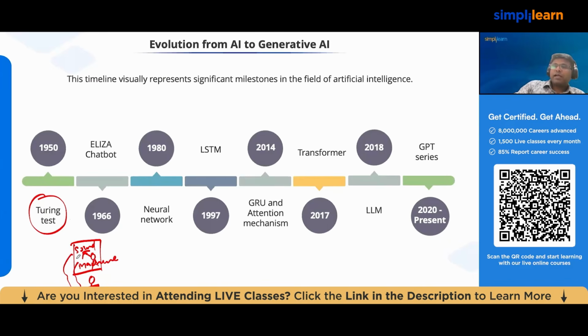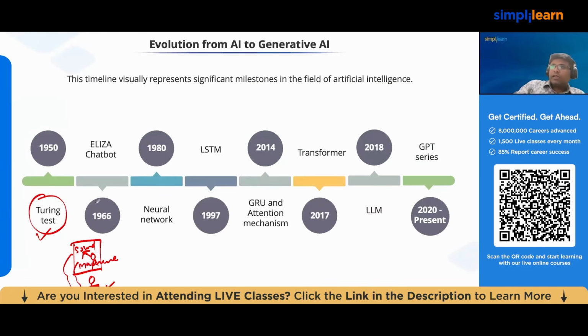Basically the idea is that the sound is trying to mimic a human or a machine, and the person outside the room has to identify it correctly. If it identifies correctly, then the Turing test has failed. But if it doesn't identify correctly, then the Turing test has been passed. So the Turing test is basically a machine which is trying to mimic humans, and it will try to fake being a true human being. So that is what the Turing test was.